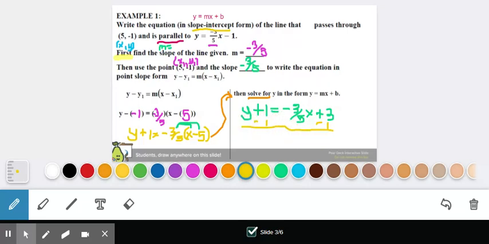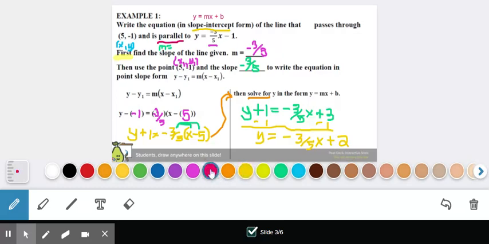Okay, so you've got y equals, yes, we got to y equals. We're almost there, y'all. Y equals -3/5 x. And then 3 minus 1 is 2, so it's plus 2.